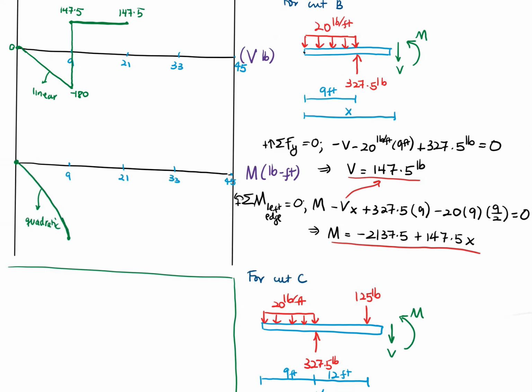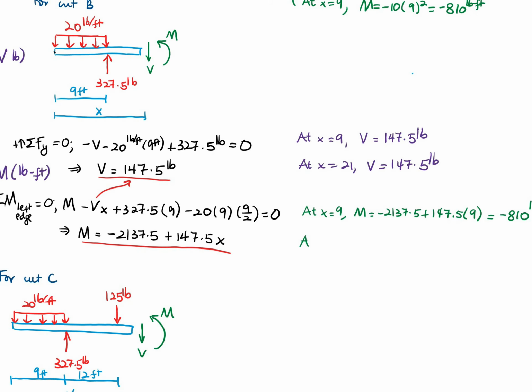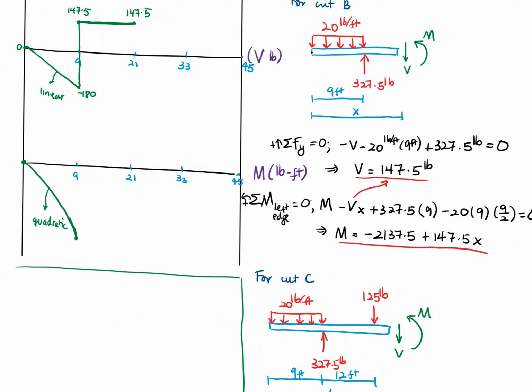Okay, so we come back here, we're staying right here. And then at x equals 21, we have m equals negative 2137.5 plus 147.5 times 21, and that gives me 960 pound-foot. We've come back here.